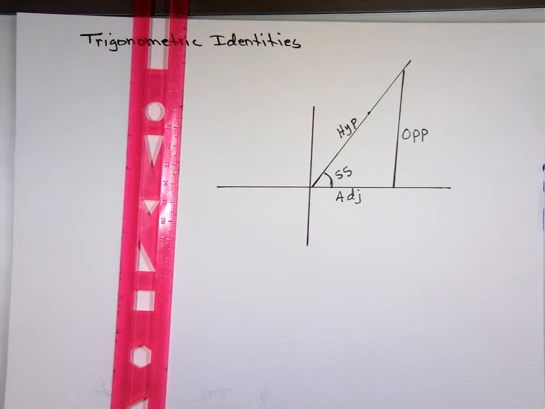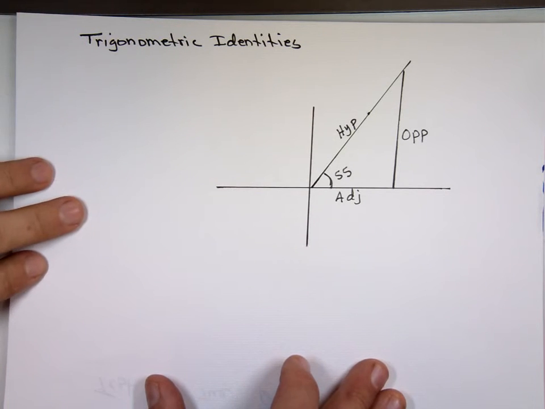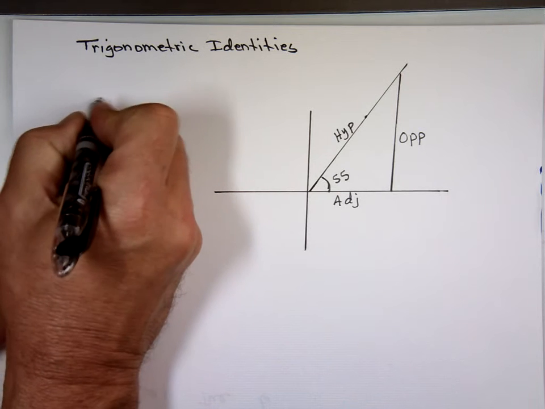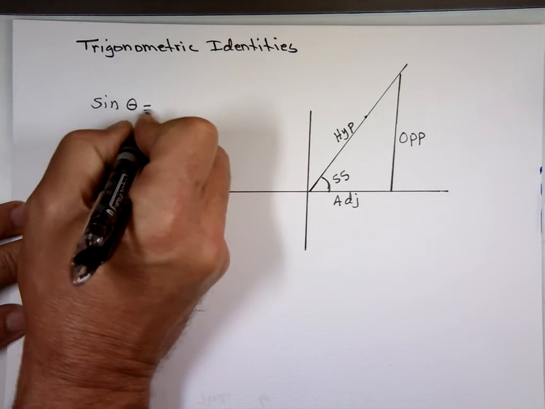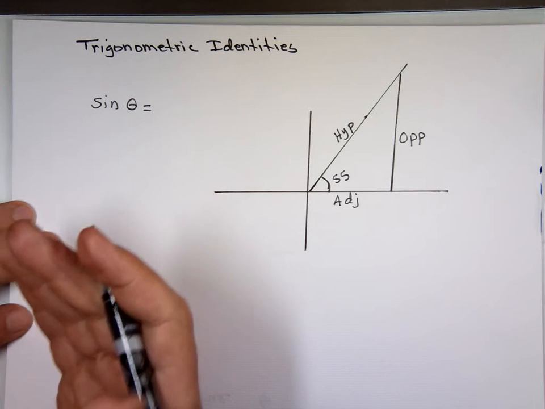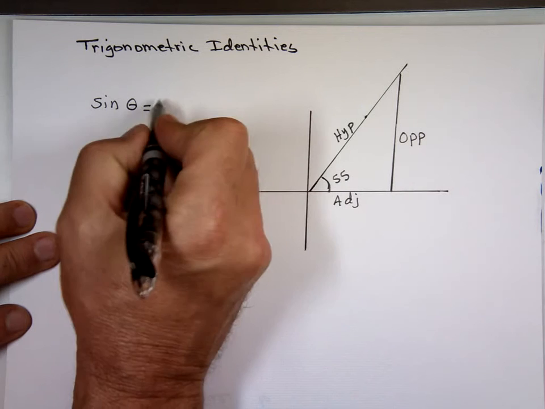I'll come back to the 55 degree in a minute. But the sine of any angle, theta, is the ratio of what sides? Opposite and the hypotenuse.